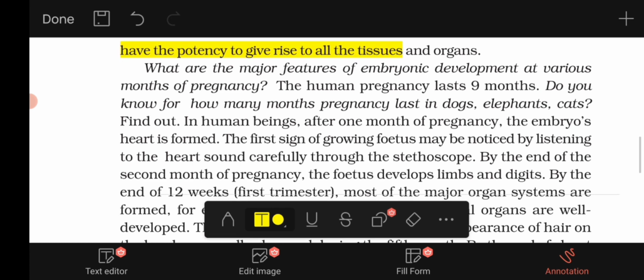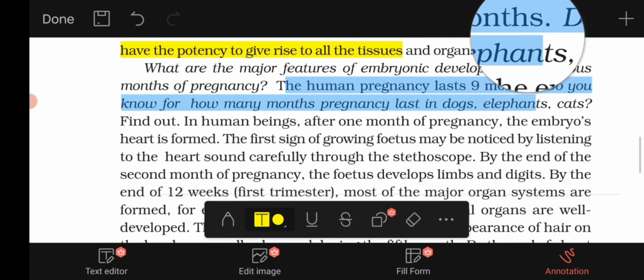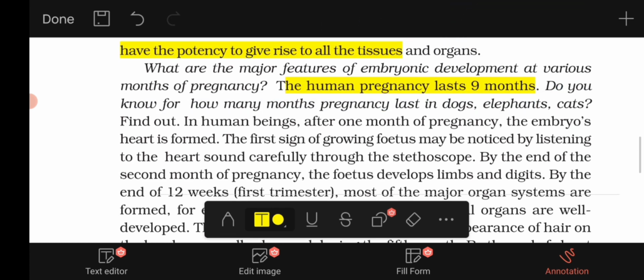Human pregnancy lasts for 9 months, also called 266 days or 38 weeks. After 1 month of pregnancy, the embryo's heart is formed, which is an important organ.